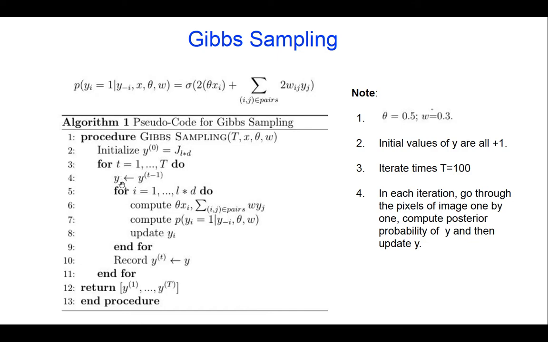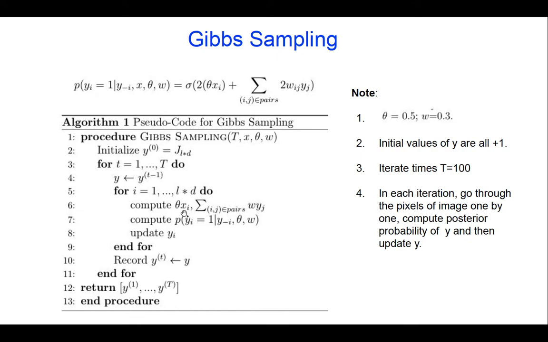For each iteration, we update based on the previous estimated image. And in each iteration, we update the value of each pixel one by one, which is i here. It ranges from 1 to L times D, where L times D is the dimension of the true image.